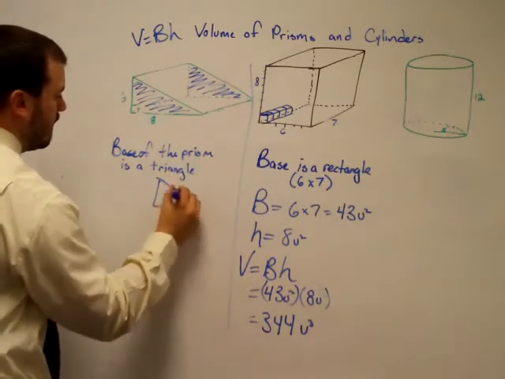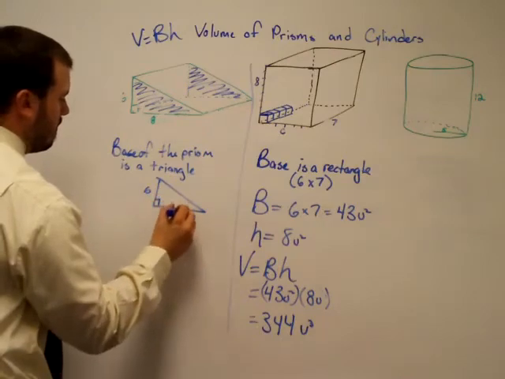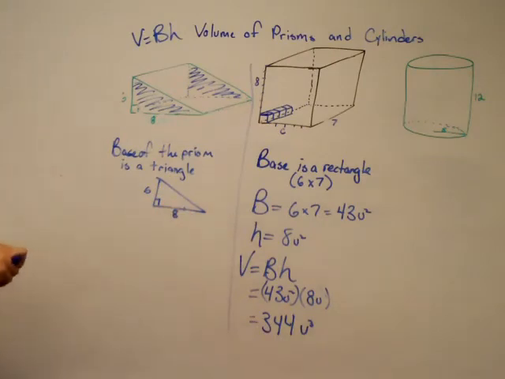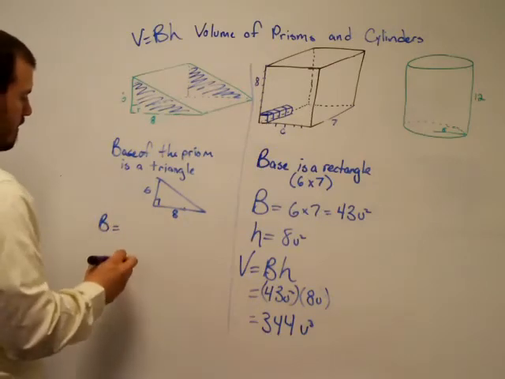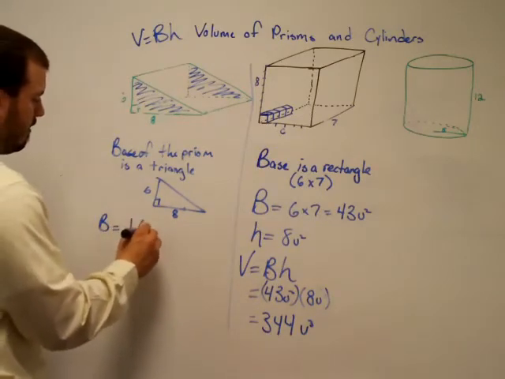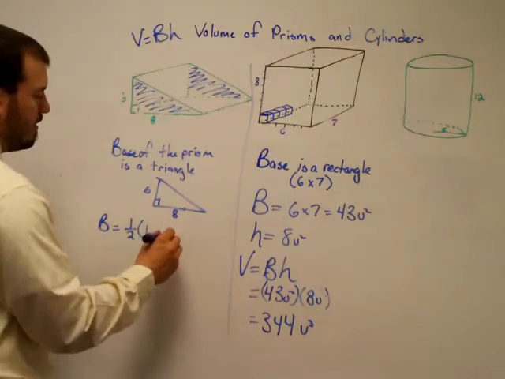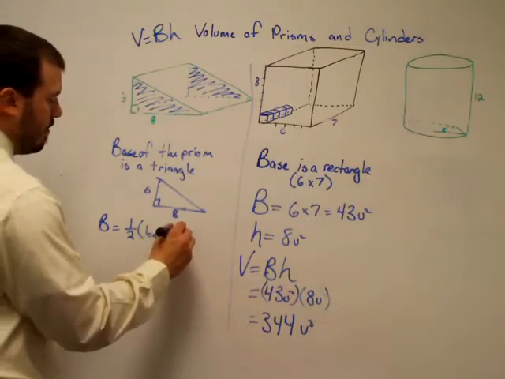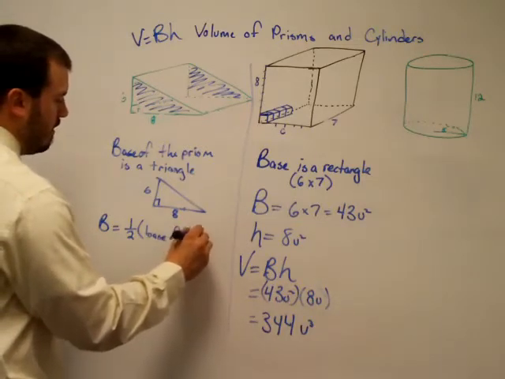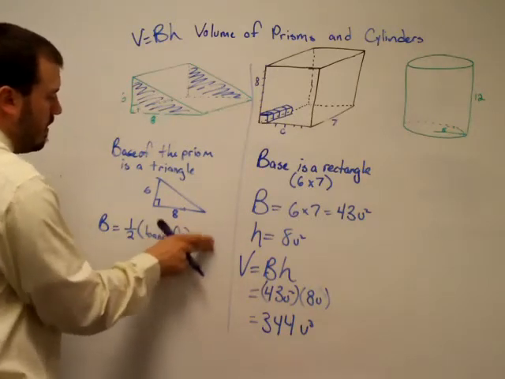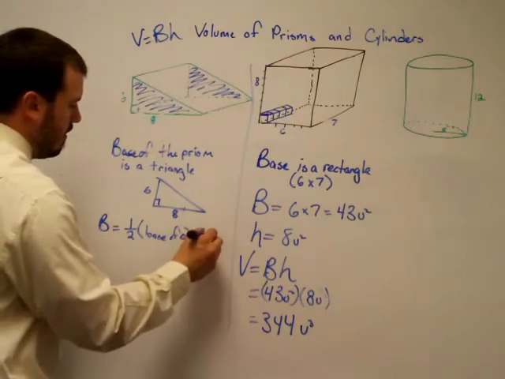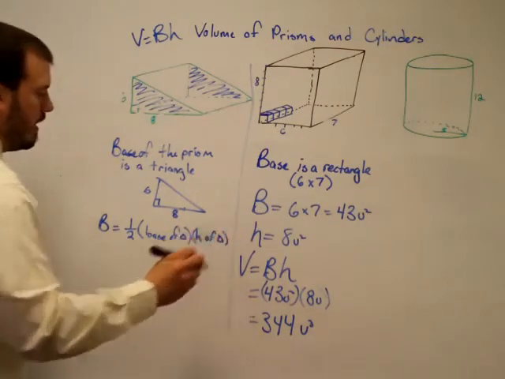And it looks like this. So the area of this base is equal to 1/2 the base of the triangle, I'm going to use a lowercase b, times the height of the triangle, h.